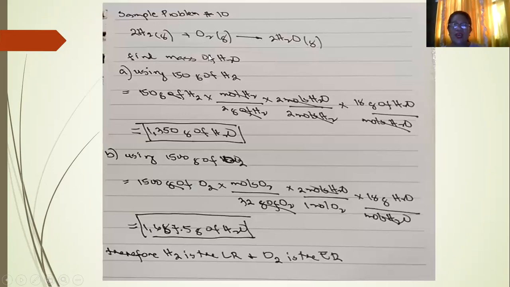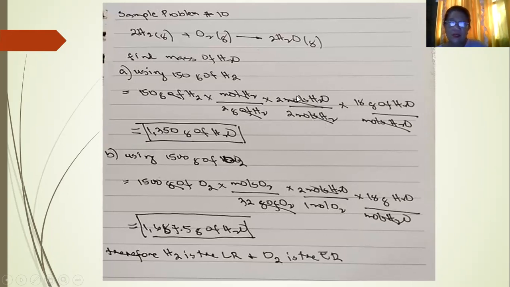Here. So we have this. Let us find now the mass of water, but we have 2 given. The first one is using 150 grams of hydrogen. So 150 grams of hydrogen multiplied by, use the molecular weight, 1 mole of hydrogen over 2 grams of hydrogen, cancel the hydrogen. And using the balanced equation, we have 2 moles of water produced which reacted with 2 moles of hydrogen.